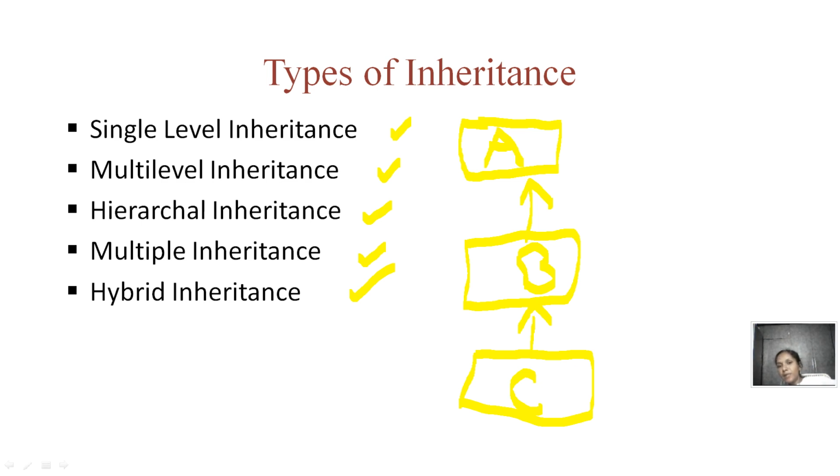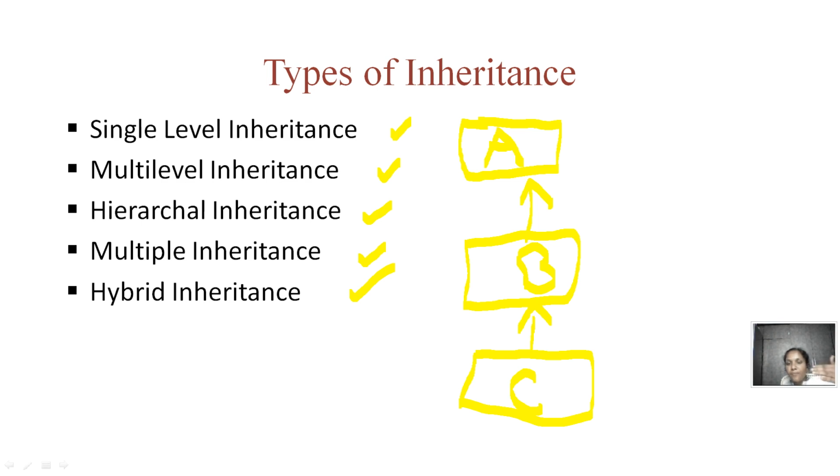If we check the hierarchy indirectly, C acquires the properties from the B class and B acquires the properties from the A class. More than one base class is there, but not directly, indirectly different base classes are involved. This is called a multi-level hierarchy.